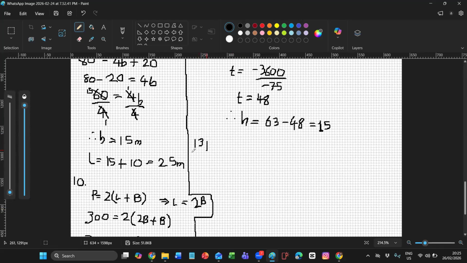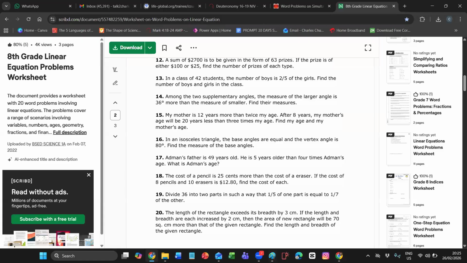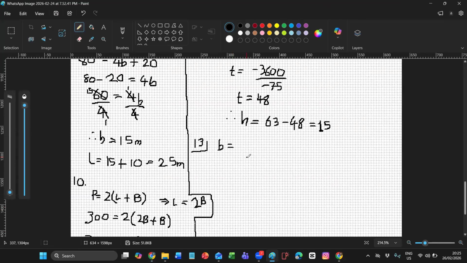And then we'll now say, boys, number of boys, B, is equal to, let me go back to that question so that I represent things well. The number of boys is two-fifths of girls. So I've already represented it as B equals two-fifths of girls. Of course, you set up our equation pretty nicely.